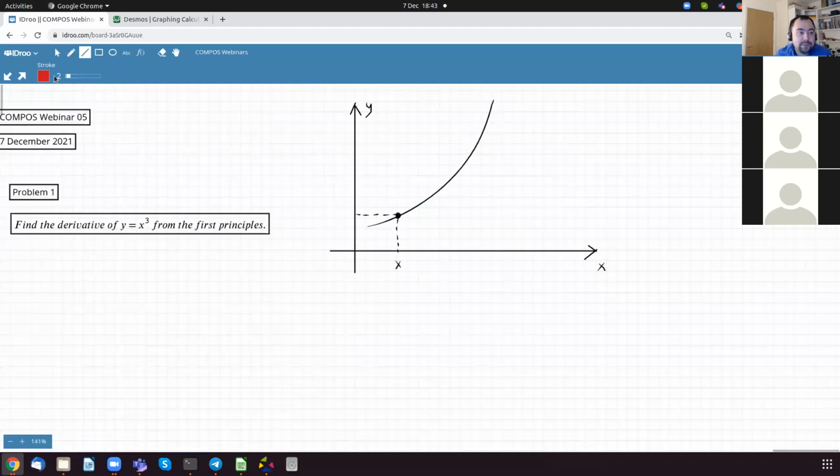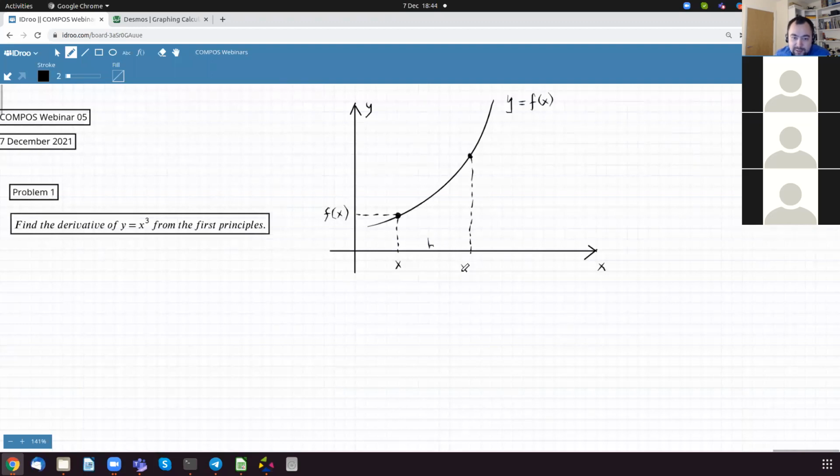To do this, we will take a point on the graph, x. And this is, of course, f of x, because the graph of the function is y equals f of x. We go to the right and take another point. We make a step to the right, a step of size h.